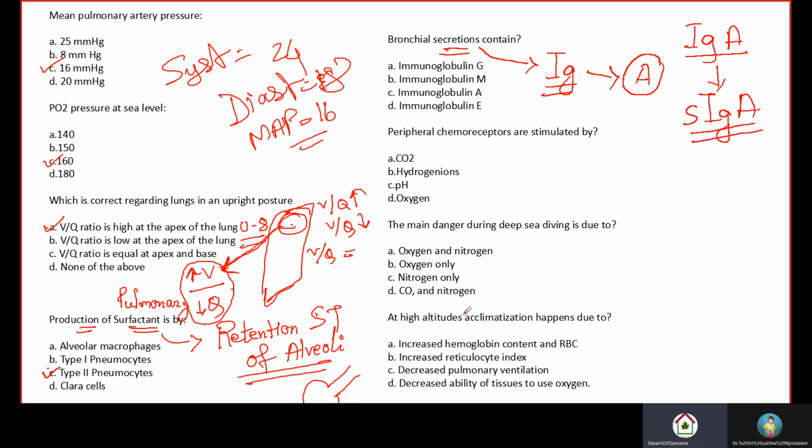Other immunoglobulins have no secretory subtype. So any secretion, whether bronchial secretion, tears, or intestinal secretion, if it contains immunoglobulin, it will be IgA. IgG and IgM help in complement activation.